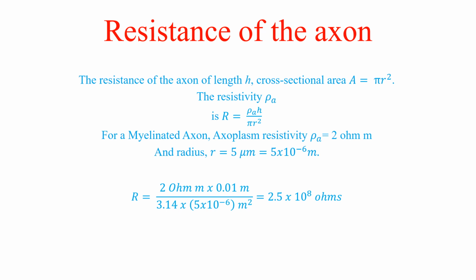For a myelinated axon of length 1 centimeter, and if the axoplasm resistivity rho A is 2 ohm meter and the radius of the axon is 5 micrometer, then the resistance of the axon R to the current I axon is 2 ohm meter times the length 0.01 over pi times r squared, and then you will get 2.5 times 10 to 8 ohms.